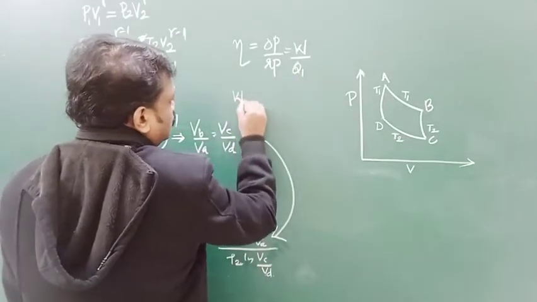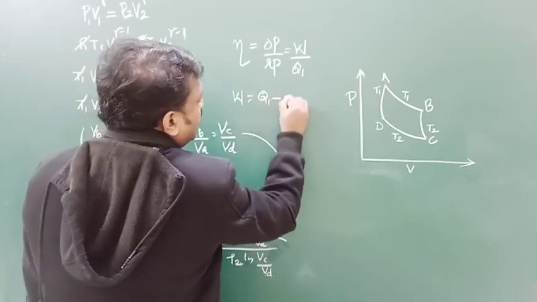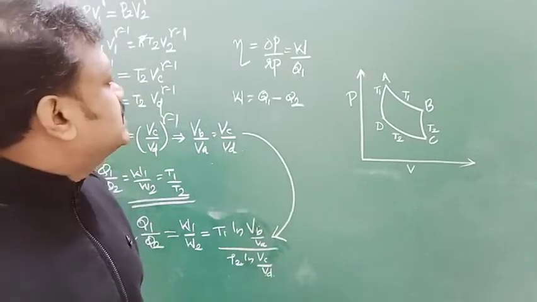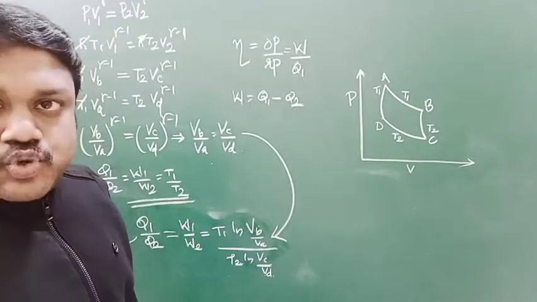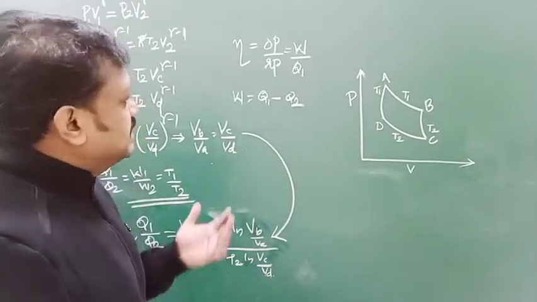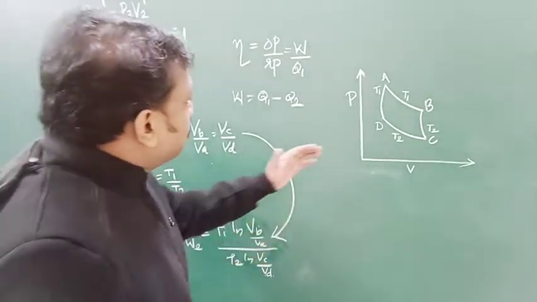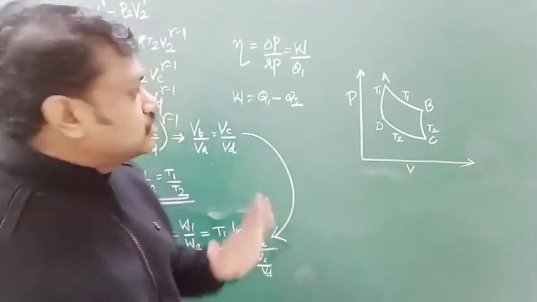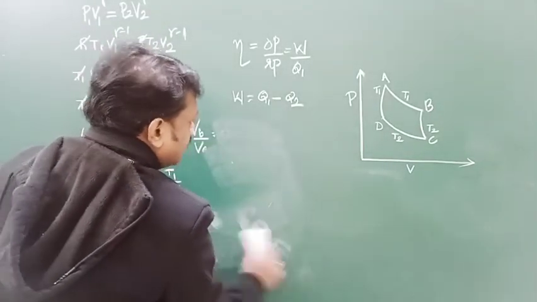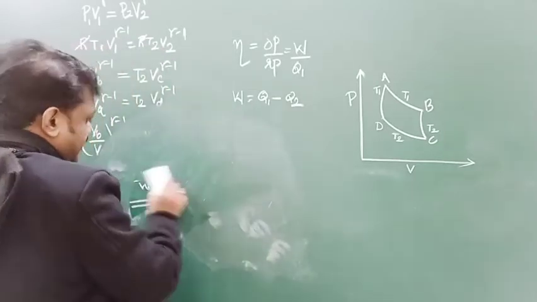Now what is this W? W is equal to Q1 minus Q2. Q1 is the amount of heat absorbed and Q2 is the amount of heat ejected into our sink. So the rest of the heat energy is converted into an equivalent amount of work done.